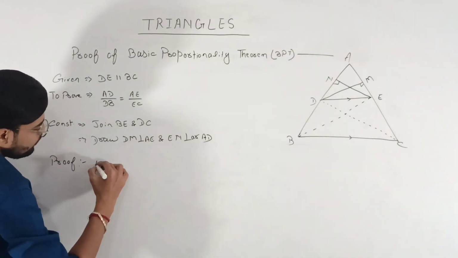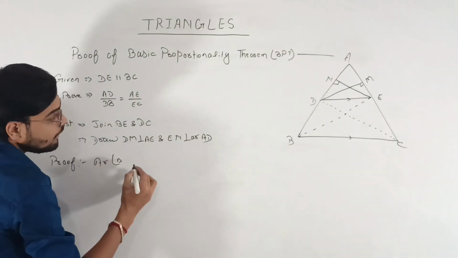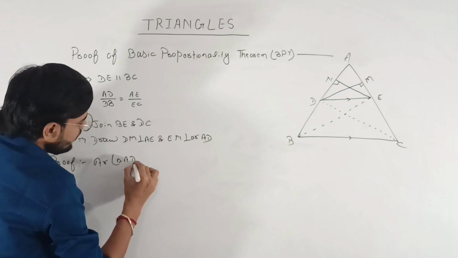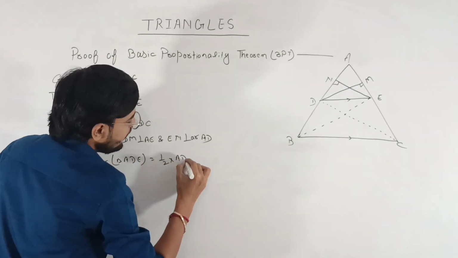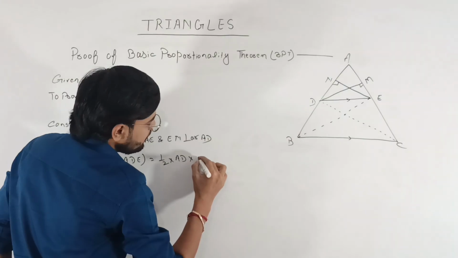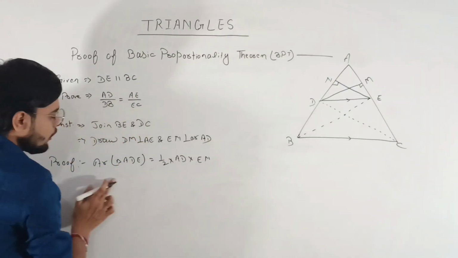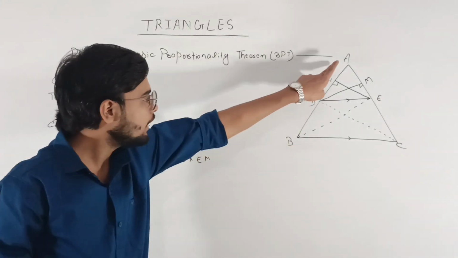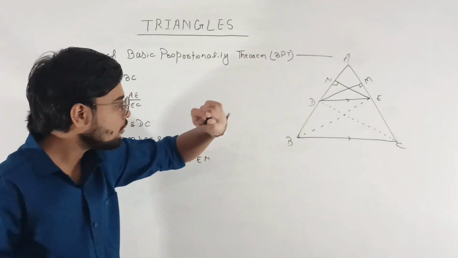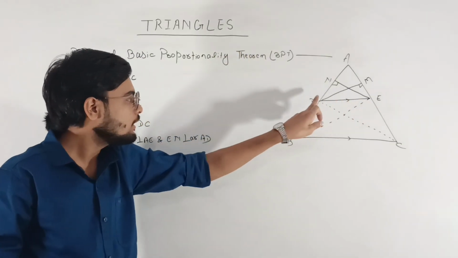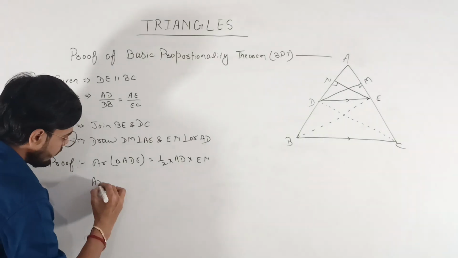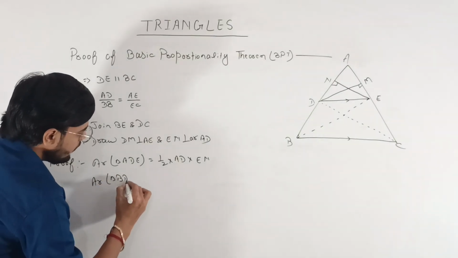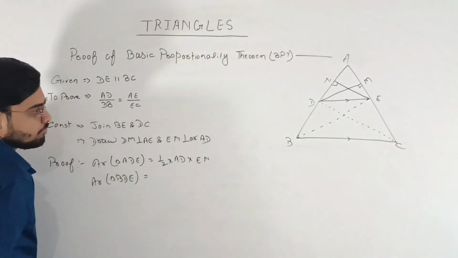Now proof. So area of triangle ADE, I take base as AD. So half into base AD into height EN. Now this is the area of triangle ADE. Now we have to find area of triangle BDE.